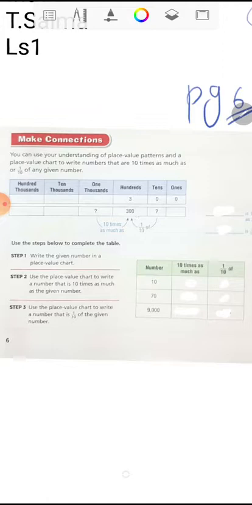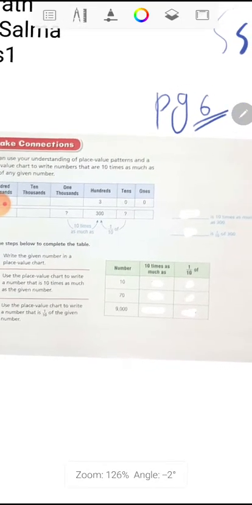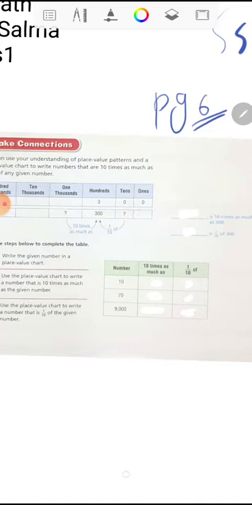The thousands is 10 times the hundreds, and this tens is 1 over 10 of the hundreds.